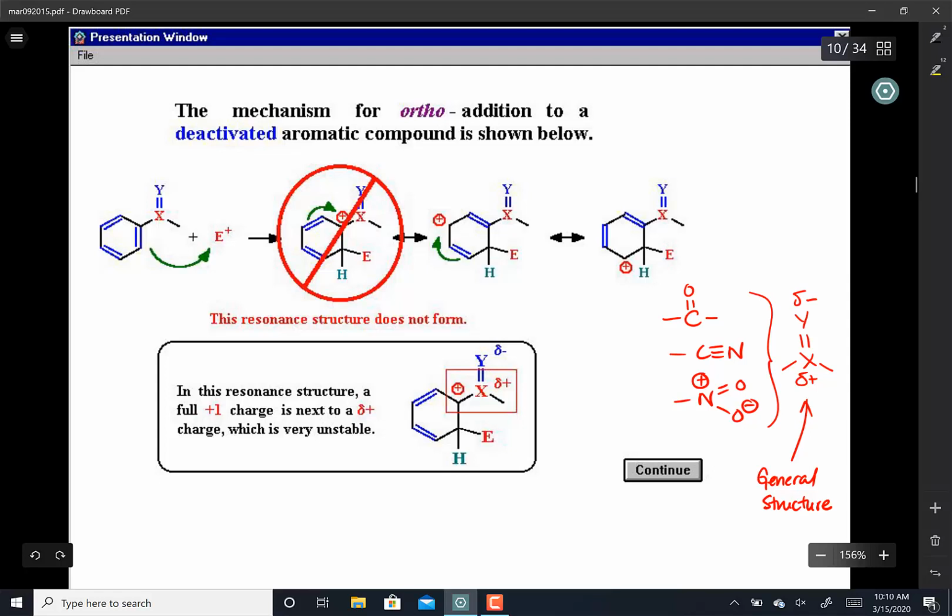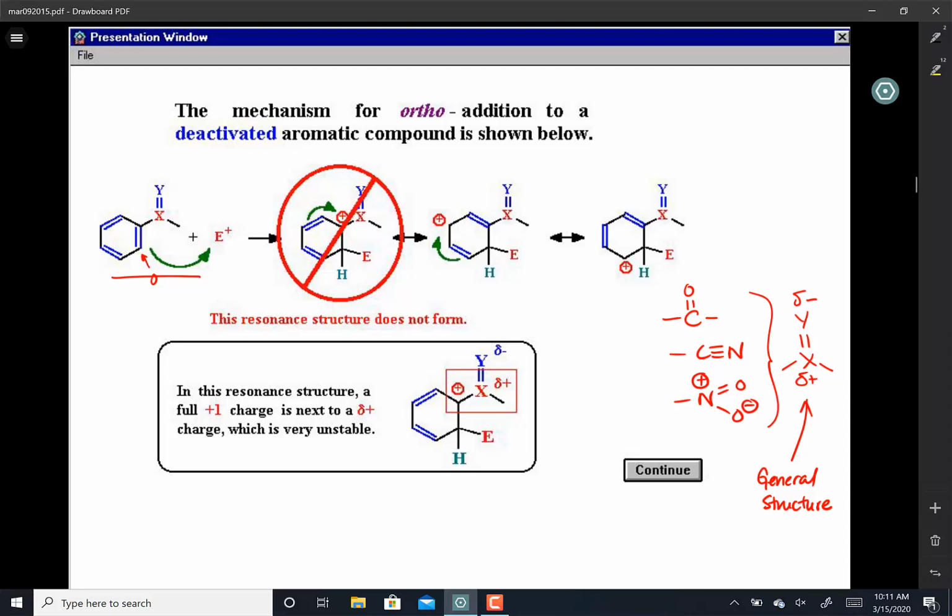So if I come over here and I draw my X double bond Y group, again, the most important resonance structure is the one that has the positive charge next to the group. So again, if I add the electrophile to the ortho position in this case, I'm going to form the plus charge next to that group. Before, that was a more stable intermediate.